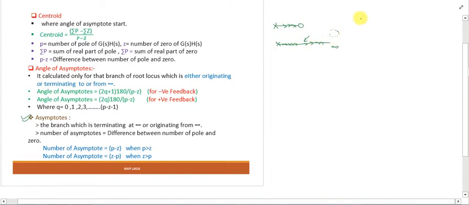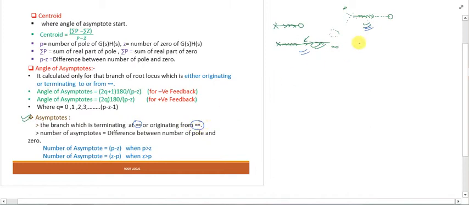Or maybe there is an imaginary pole at infinity, and roots start from the imaginary pole and terminate at a real zero. Then this branch of the root locus is known as an asymptote. As already mentioned, the branch which is terminating at infinity or originating from infinity.